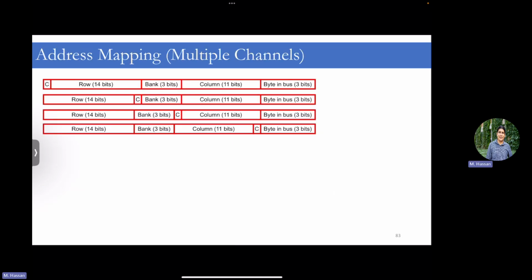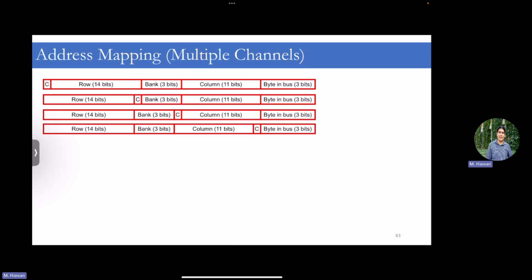Good. So here, there is some discussion on how to come up with this mapping, because in reality, there is no one correct configuration. Aside from the basics, like the bytes on the bus, which is your 64-bit, or 8-byte bus width, which takes the lowest 3 bits, where you put your column bits versus the row versus the bank is something that you can in fact configure.